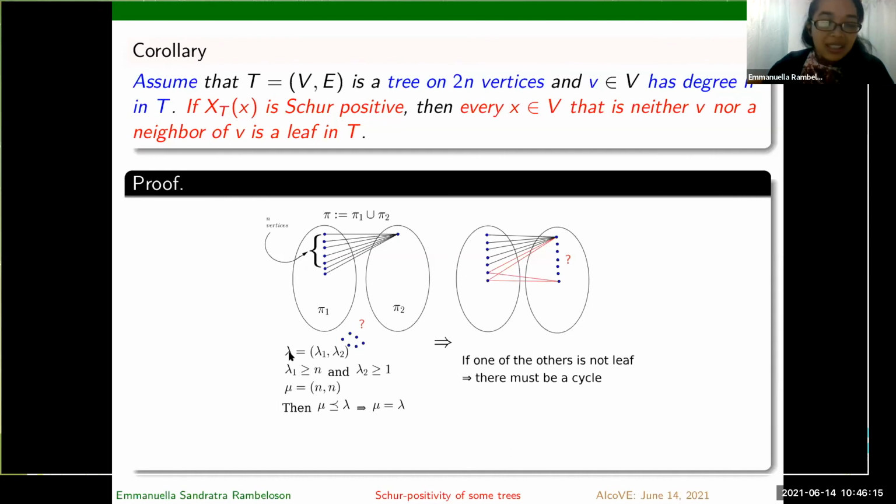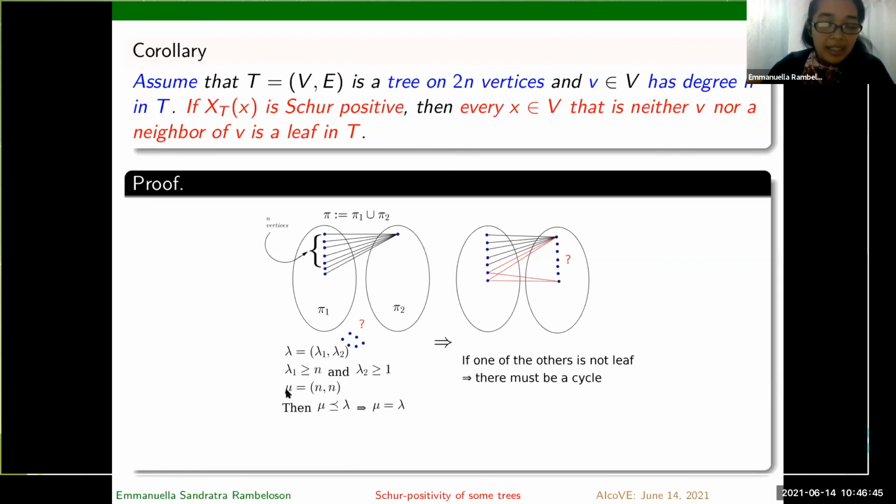If we suppose that lambda is the type of this stable partition pi, then lambda 1 is the size of pi 1, and lambda 2 is the size of pi 2. Actually, we don't know what lambda 1 and lambda 2 are, but the thing we should know is that lambda 1 is at least n, and lambda 2 is at least 1.